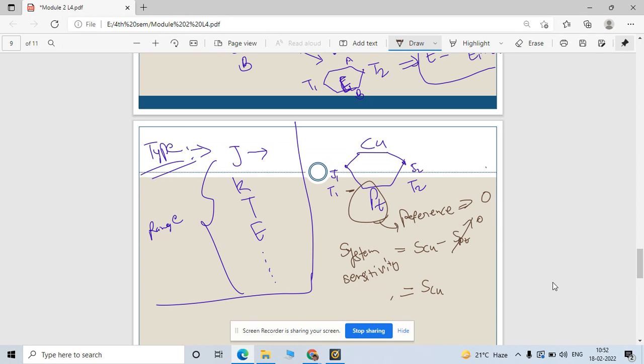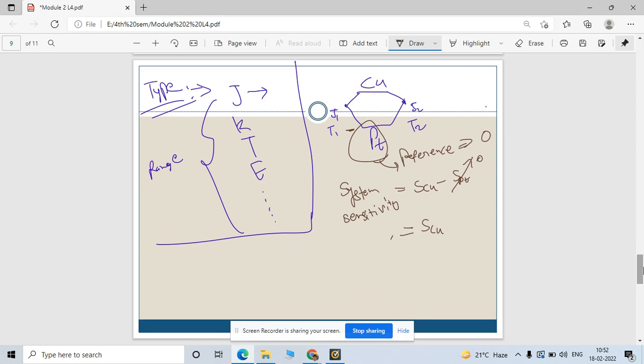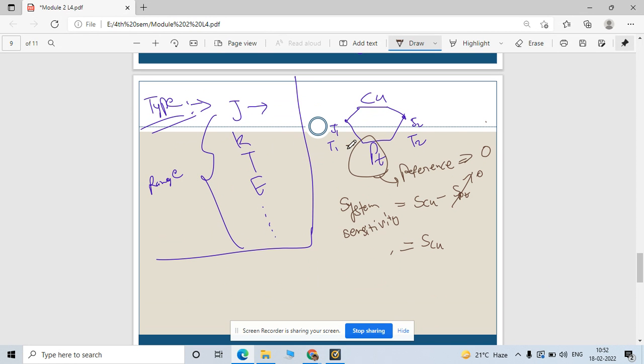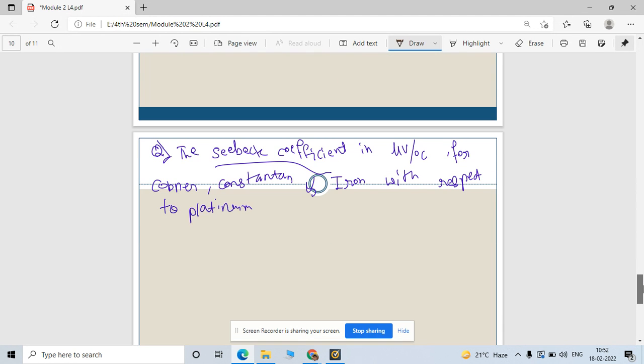That's why whenever platinum is given to you, use that material as your reference. So this potential is positive and this is negative, so the current starts flowing from higher potential to lower potential.